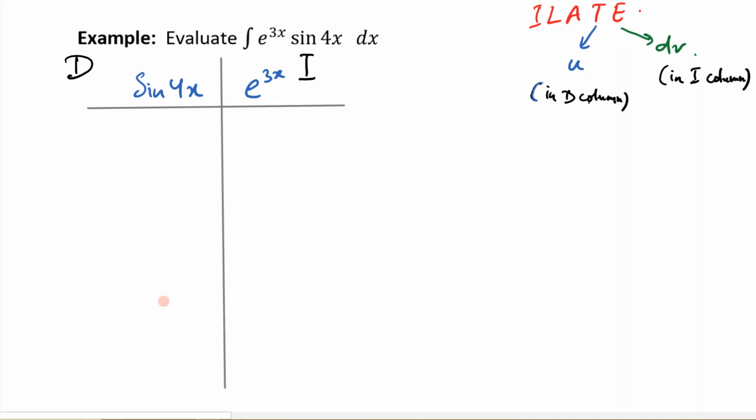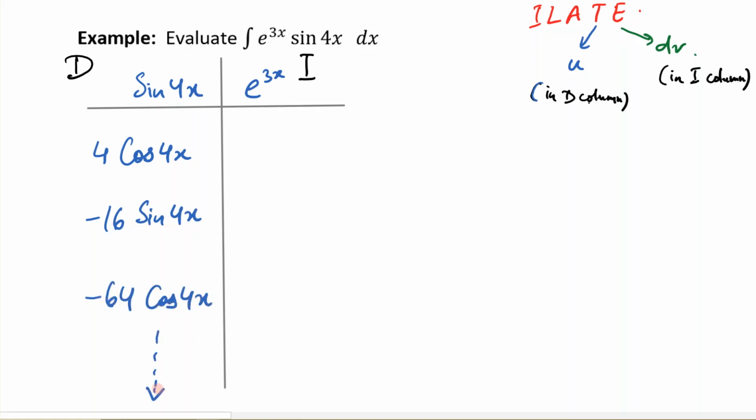And now we're going to take the differentiation. So the derivative of sine is cosine, and by chain rule we need a 4 here. Similarly in the next step, the derivative of cosine is negative sine, and by chain rule another 4, so negative 16 sine 4x. The derivative of sine is cosine, so negative 64 cosine 4x, and you can keep on going.